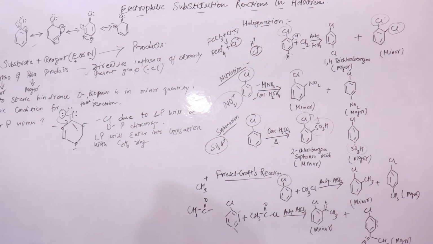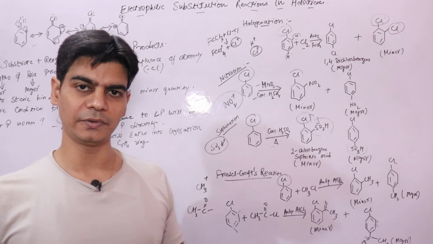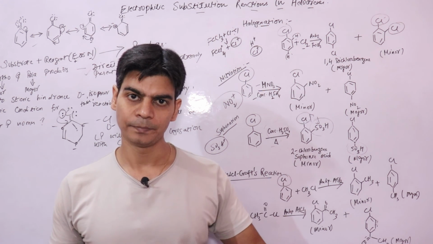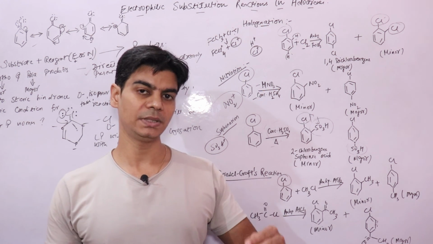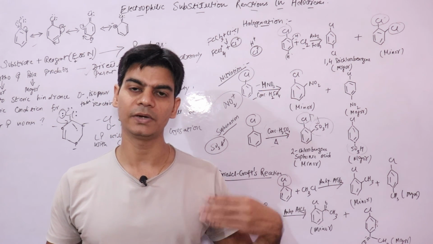Now we know that any electrophile is a positive reagent, and a positive reagent will always attack at negative sites. Electrophiles means electron loving, and electrons, we know, have a negative charge.